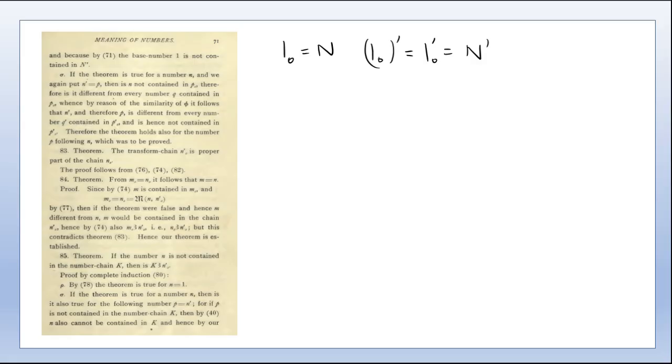And because by 71, the base number 1, so that's definition 71, condition gamma, because we know that n is by definition a simply infinite system, and therefore the element 1 is not contained in n primed, then we have that in the transform chain for 1 not primed of a number n, is contained its transform.